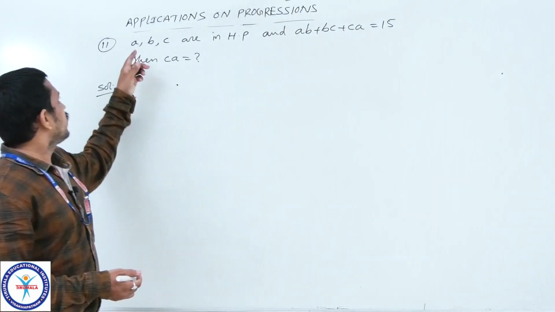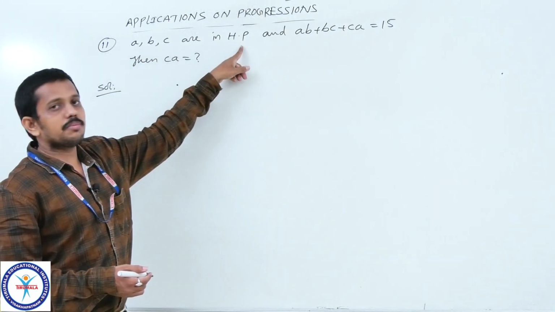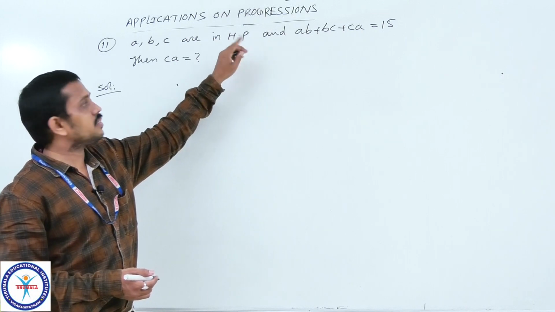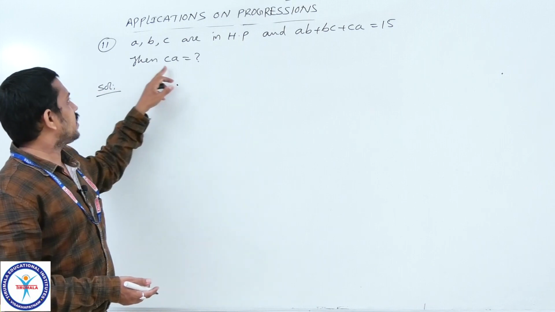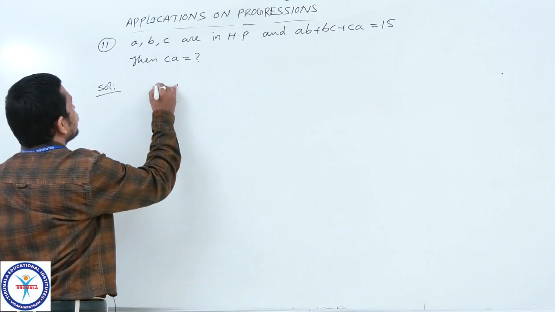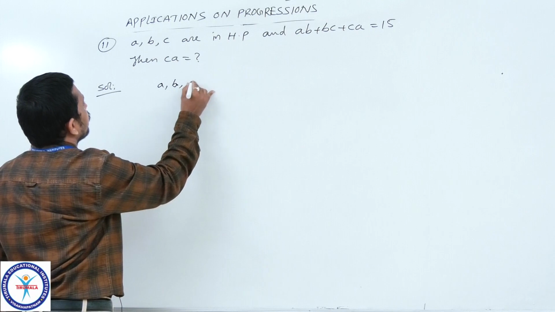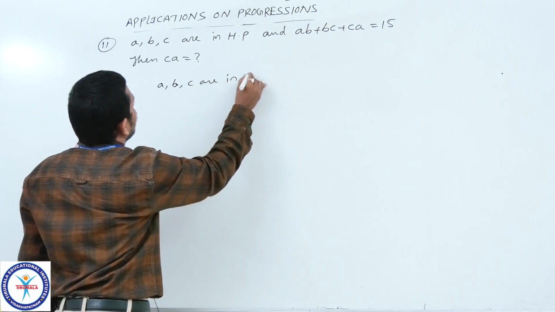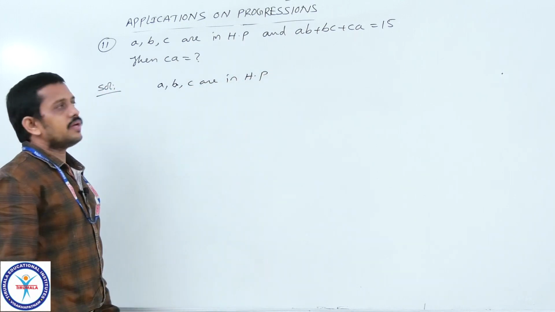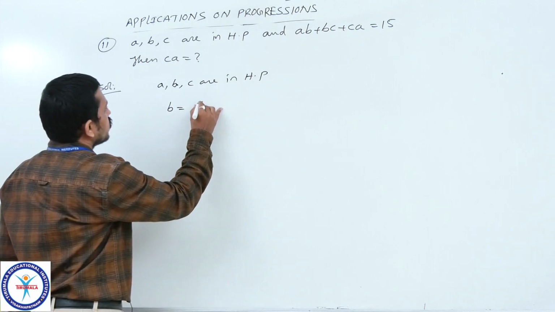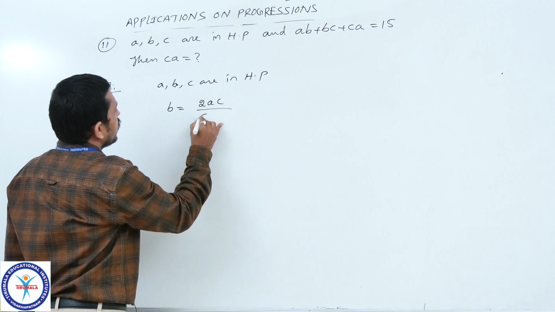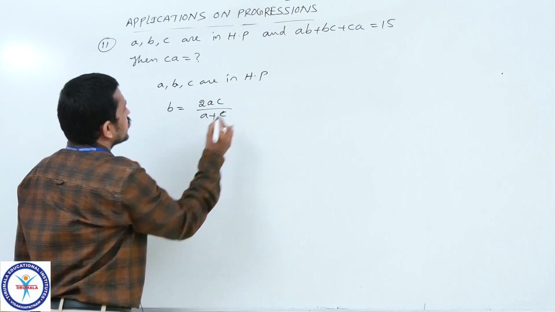Now next problem. A, B, C are in arithmetic progression, harmonic progression, and AB plus BC plus CA is equal to 15. Then what is CA? Here it is given that A, B, C are in harmonic progression. If they are in a harmonic progression, the middle term B is equal to 2AC by (A plus C).